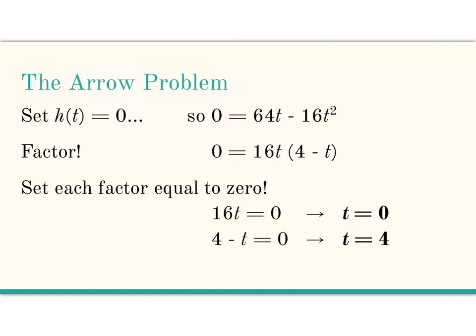We'll take the other factor, 4 minus t, and set that equal to 0. And we'll solve. Subtracting 4 from each side will give us negative t equals negative 4, and that's how we arrived at the second solution, that t equals 4.